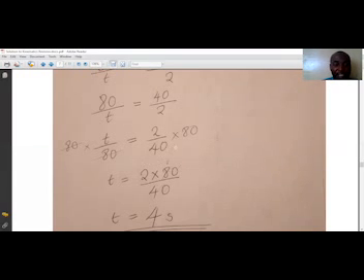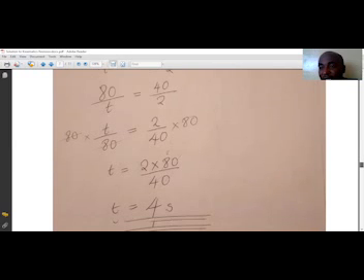Then I multiply both sides by 80, so that the 80 cancels on this side, because I'm changing the subject of the formula. So your skill in physics is simply changing the subject of the formula. The answer is 4 seconds. You can go and try them at home.